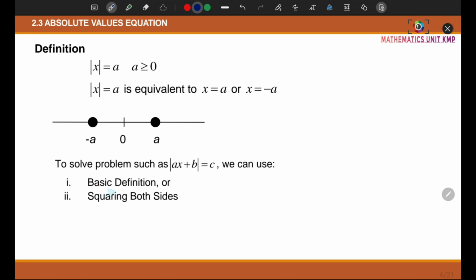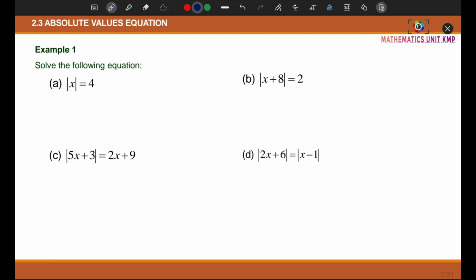The first one is using the basic definition, like this one, as the way to solve the absolute value equation, or we can use squaring both sides. I will show you the method of squaring both sides later in the example. Example 1, solve the following equation.